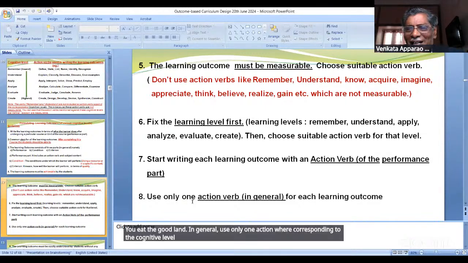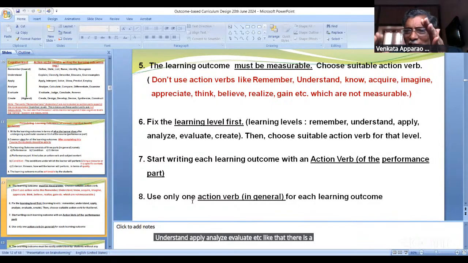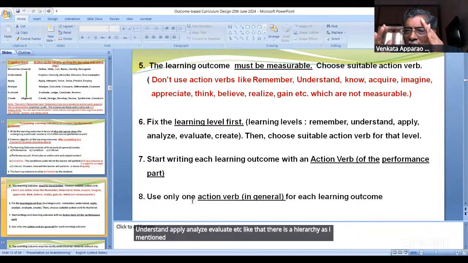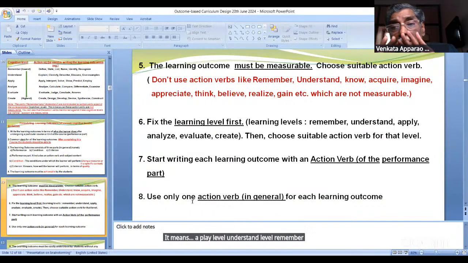Don't use too many action verbs. I have seen in one of the management courses of a reputed university, the students will be able to remember, understand, apply, analyze, evaluate, etc. like that. There is a hierarchy, as I mentioned. Once you write at analyze level, it means apply level, understand level, remember level, or achieve.